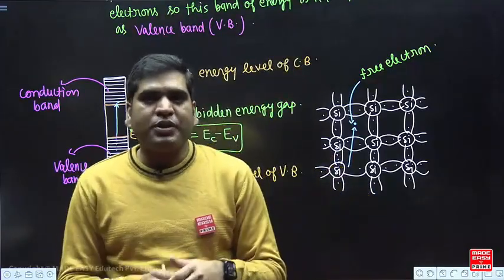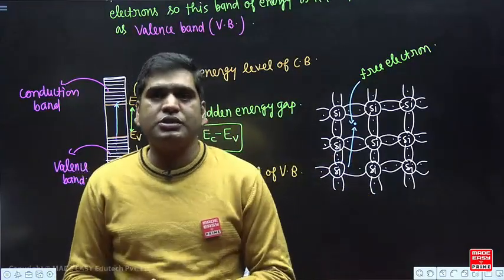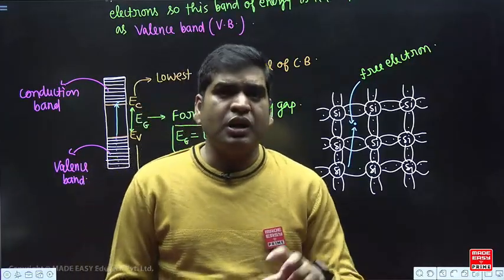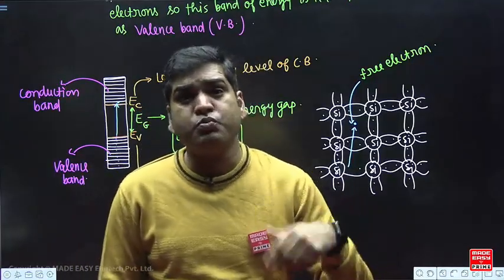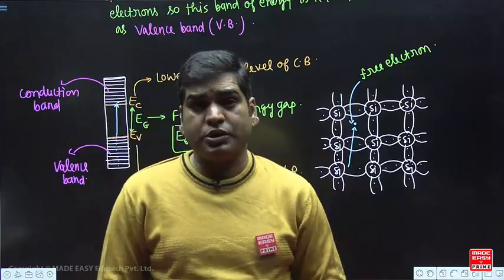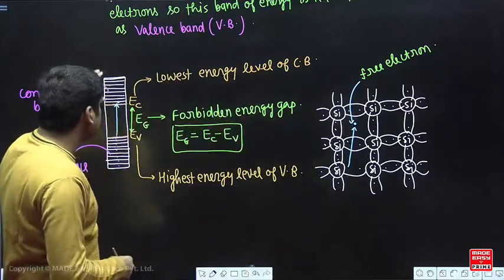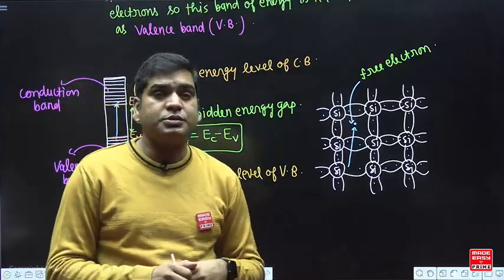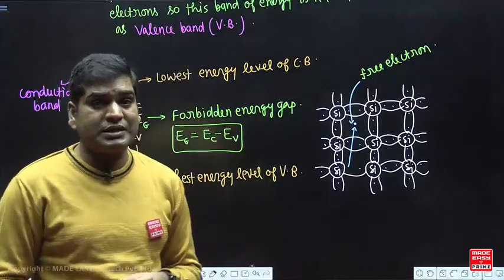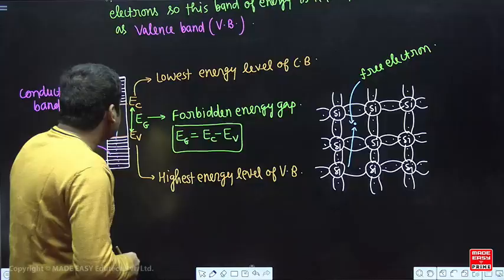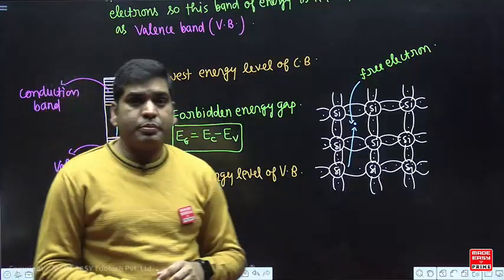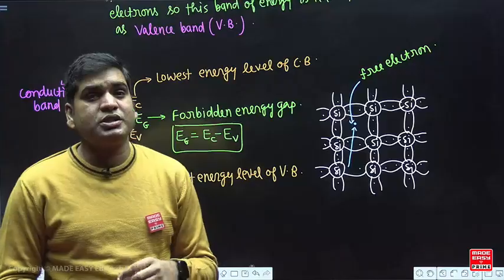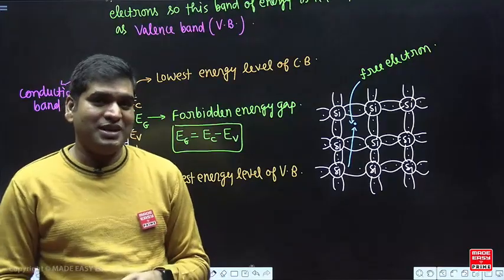So it will be decided by how many electrons have moved from the valence band to the conduction band at room temperature. If a larger number of electrons have moved into the conduction band, then the material will have high conductivity and will be known as a conductor. But if very few electrons have moved to the conduction band, the material has negligible conductivity and will be known as an insulator.